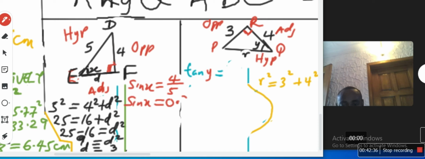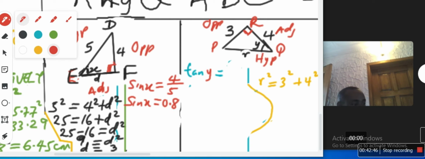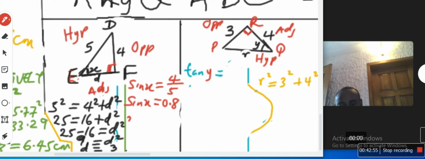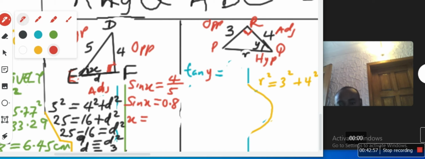So what is X? How do you find X? Sine inverse of that value you got. So X itself will be equal to sine inverse of 0.8.